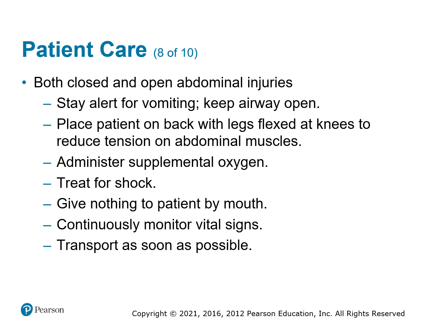Place the patient on their back with their legs flexed up to their knees. That's going to reduce the amount of pressure on the abdomen and the abdominal muscles, and it's probably going to be the position of most comfort for the patient. Administer supplemental O2. Be prepared for shock, as with everything we've talked about in this chapter.